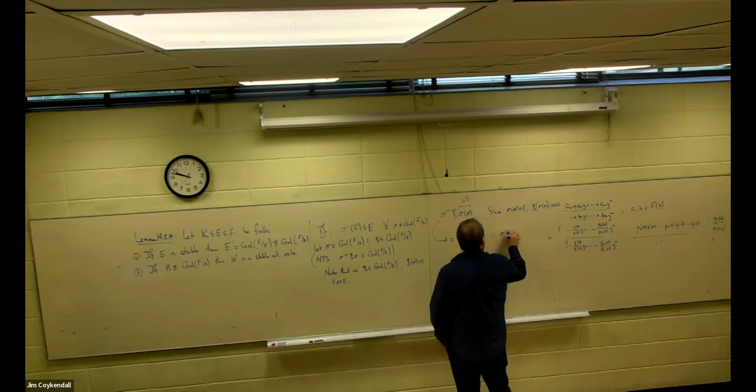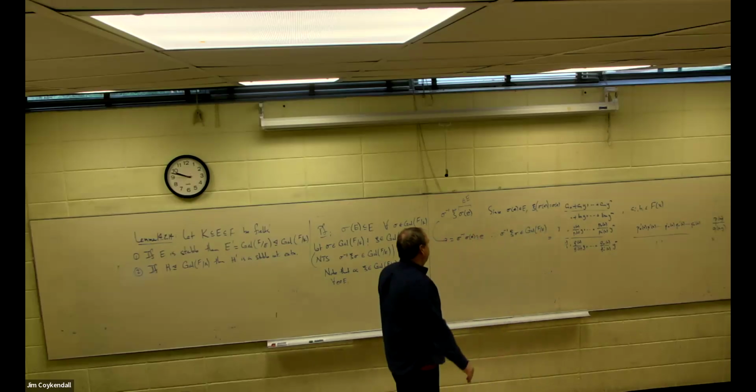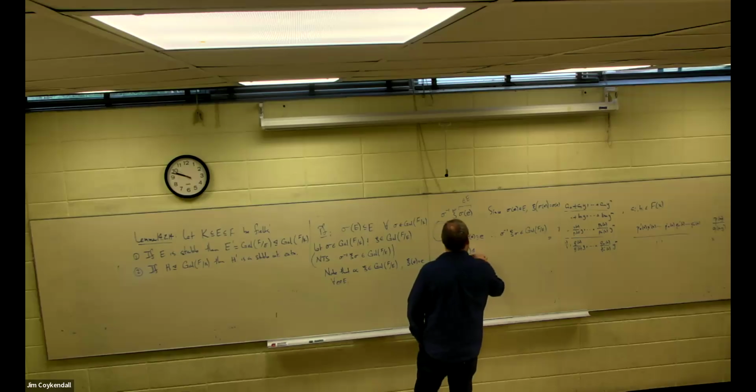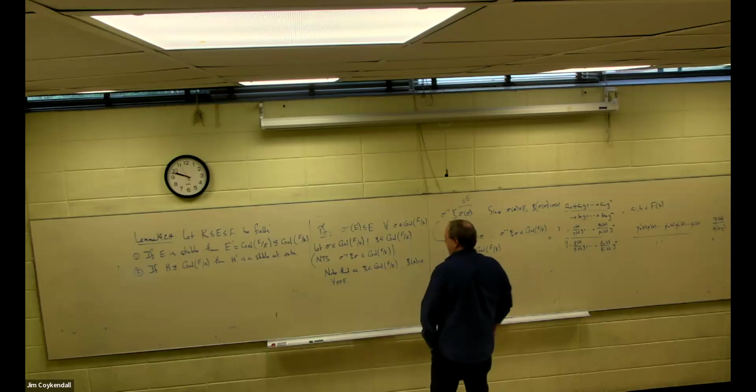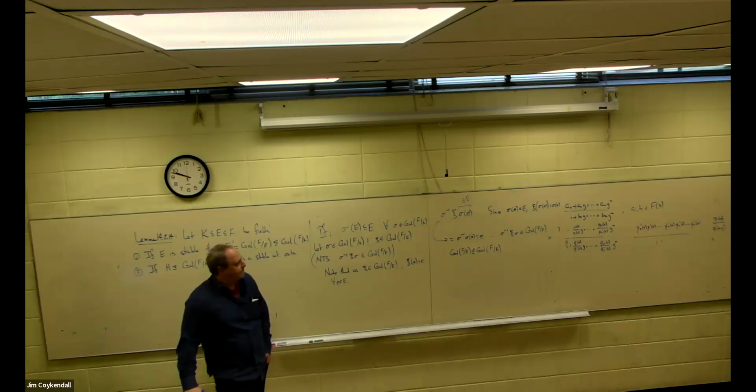Therefore sigma inverse tau sigma is in the Galois group of F over E, because it fixes everything in E. Therefore, the Galois group of F over E is normal in the Galois group of F over K. Any questions on that?